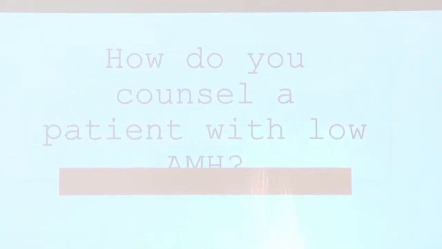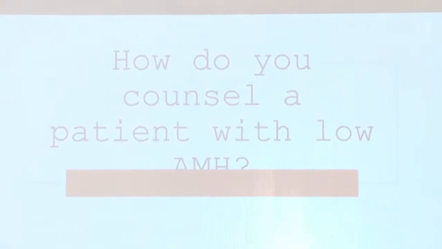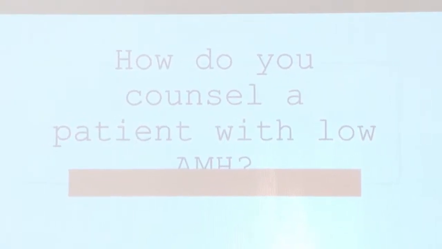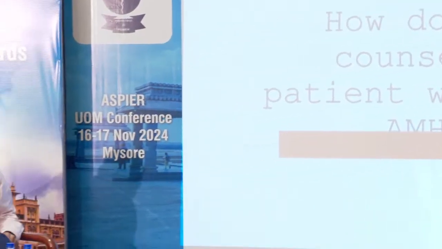My question is, a patient, an unmarried girl who is going to get married, wants to know her fertility status, because it's very common nowadays. She has got low AMH. Number two, the couple comes after 1 or 2 years for their first investigation.